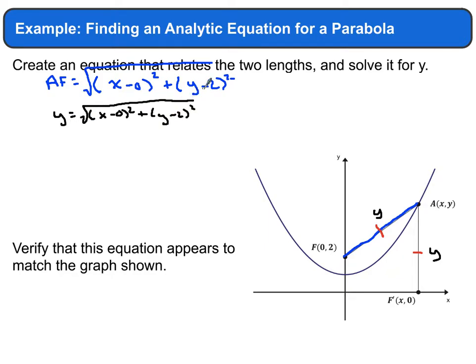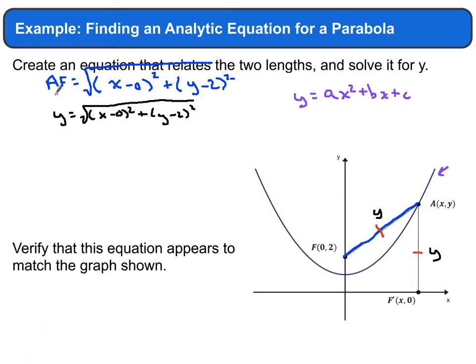So we're going to simplify. We're going to solve for y. Now, to remind you of our goal, because it's important to note our goal: our goal is to write an equation of y equals ax squared plus bx plus c to describe the curve of this line. And so basically we're just going to solve for y.